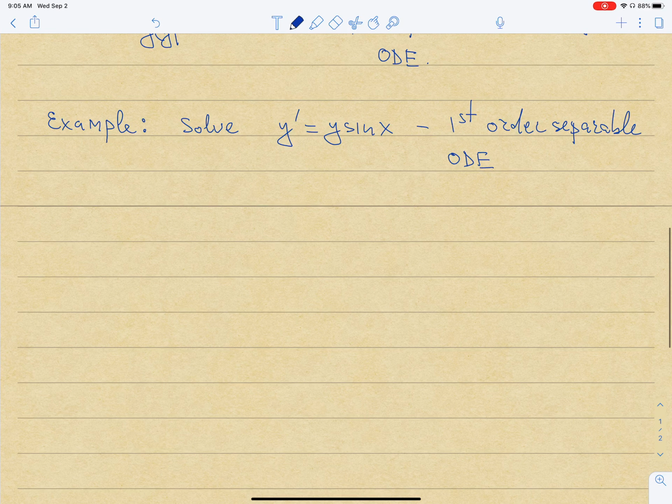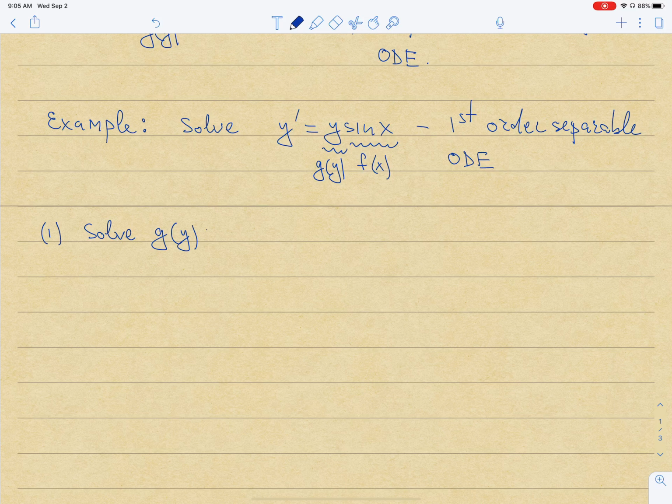So then two steps. Number one, I want to solve. So let's label this: sine x then is f of x, y is g of y. So first I need to solve g of y equals 0.